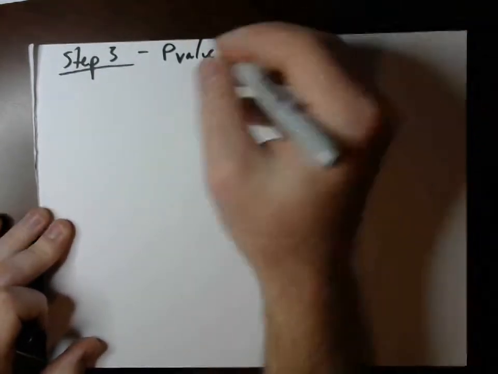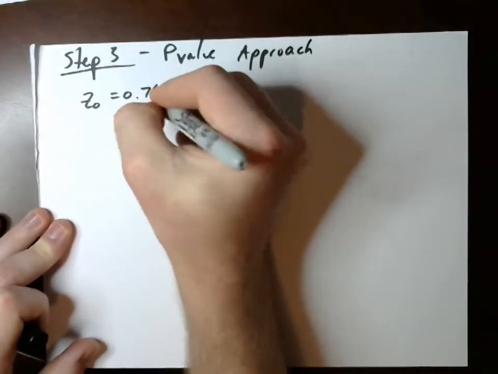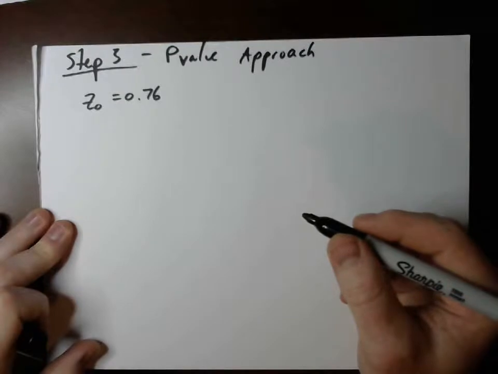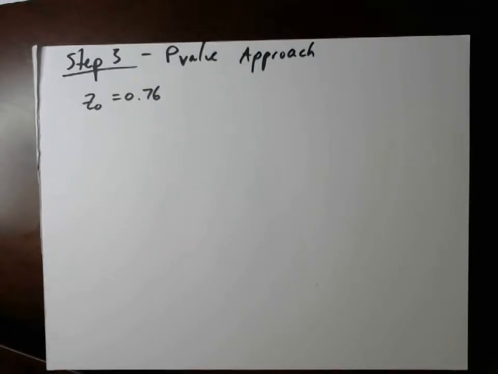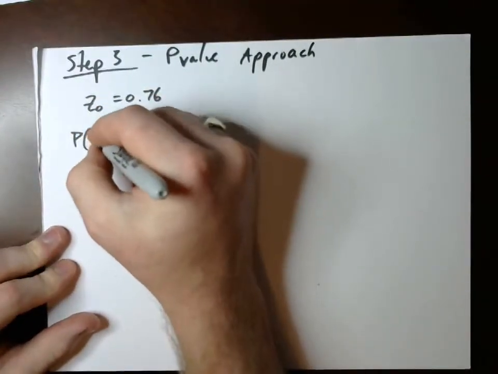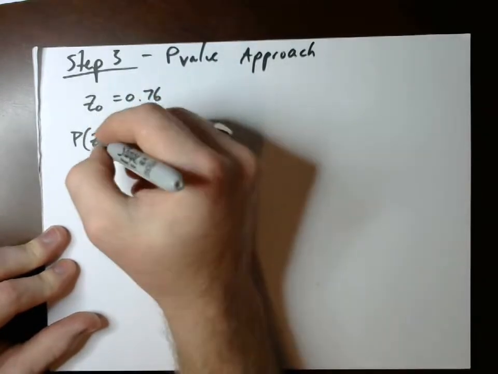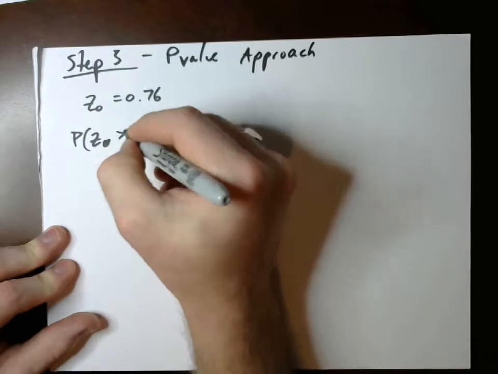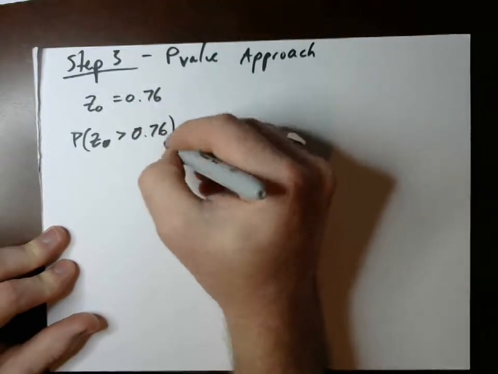we're going to use z0 equals 0.76, and we're going to find a p-value. That represents the probability of being on the tail compared to our test statistic. So we're going to find the probability that Z is greater than 0.76, which is Z naught.